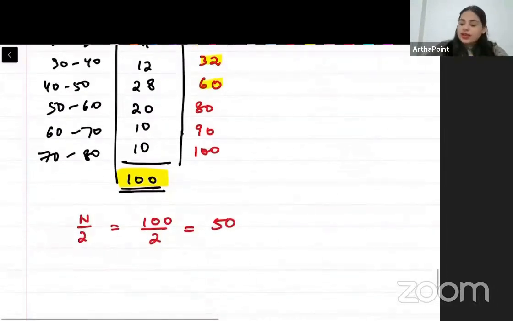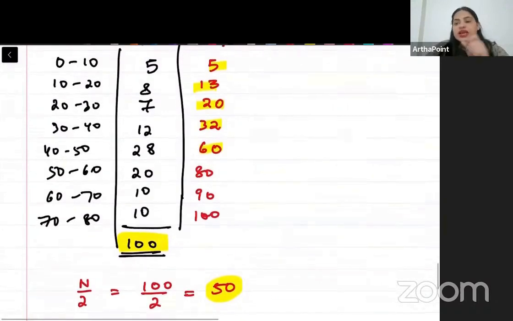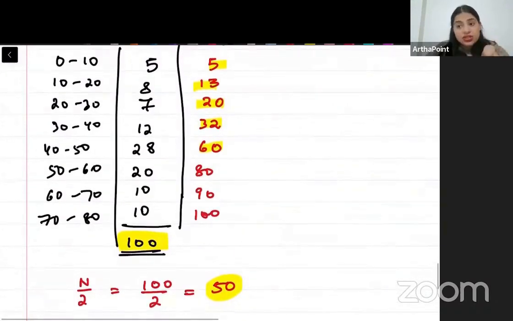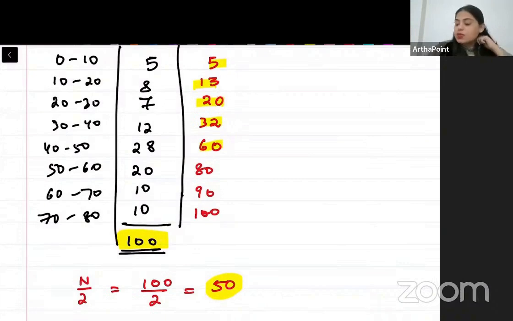So now just find n by 2. That will be 50. So for 50, which class is such that its cumulative frequency matches according to 50? So I want the cumulative frequency to be greater than n by 2.